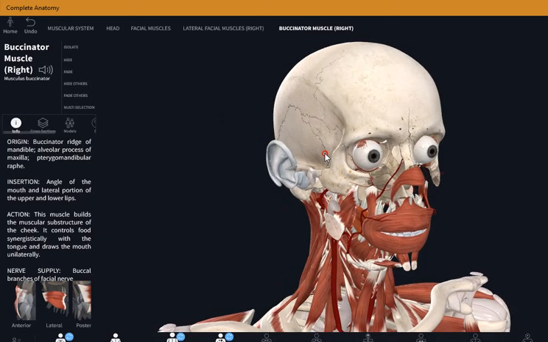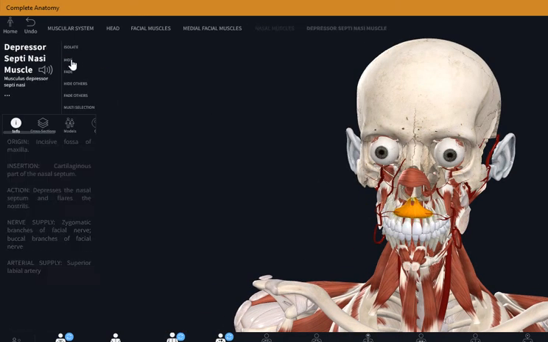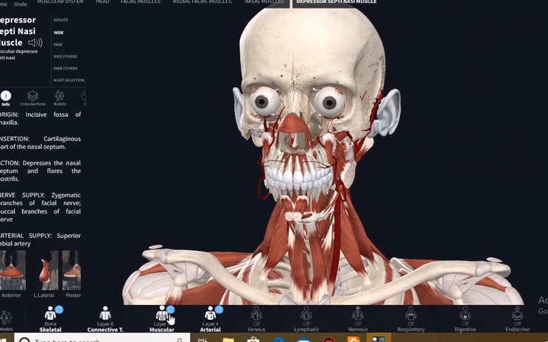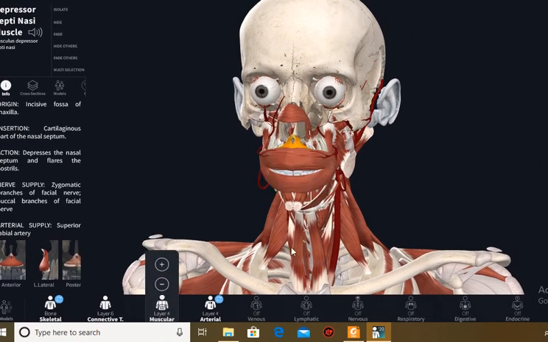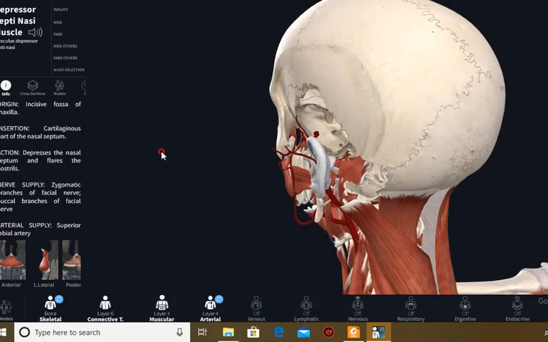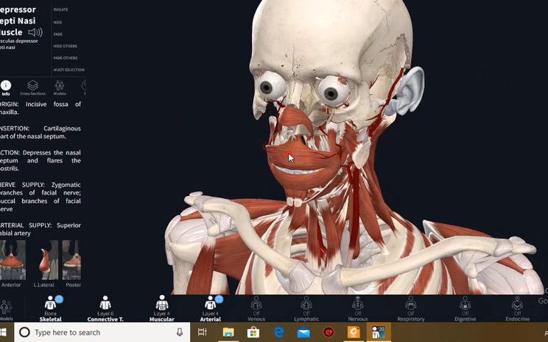So we start removing the different muscles when we hide. Normally we are also supposed to visualize two other muscles here, but I think they are much more internal than external.